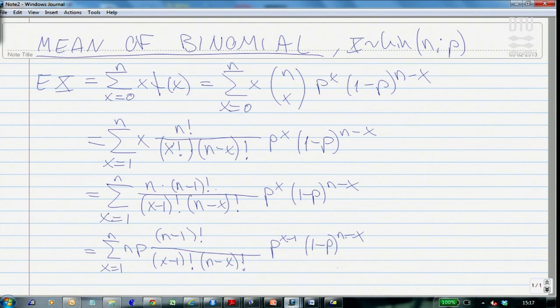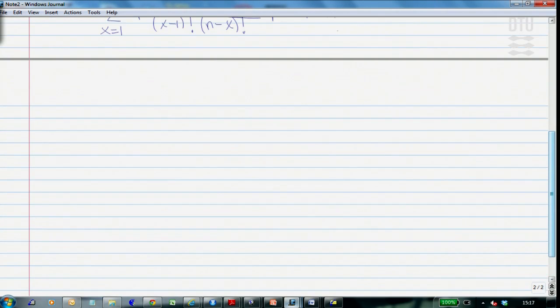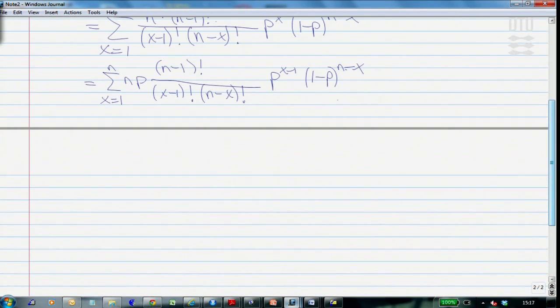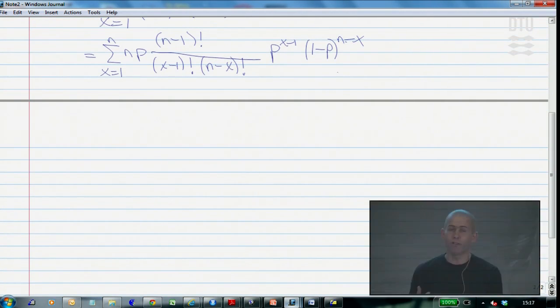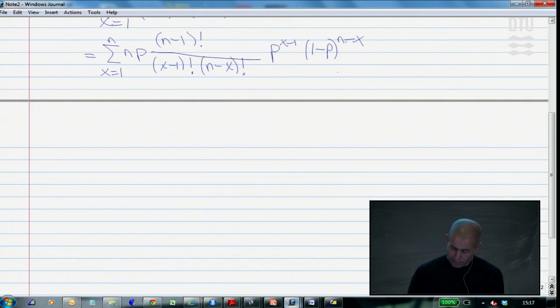And now I'm ready to do the final little trick, which is basically what you could call a change of variable. Instead of x minus 1, I'm going to write y, and instead of n minus 1, I'm going to write m.